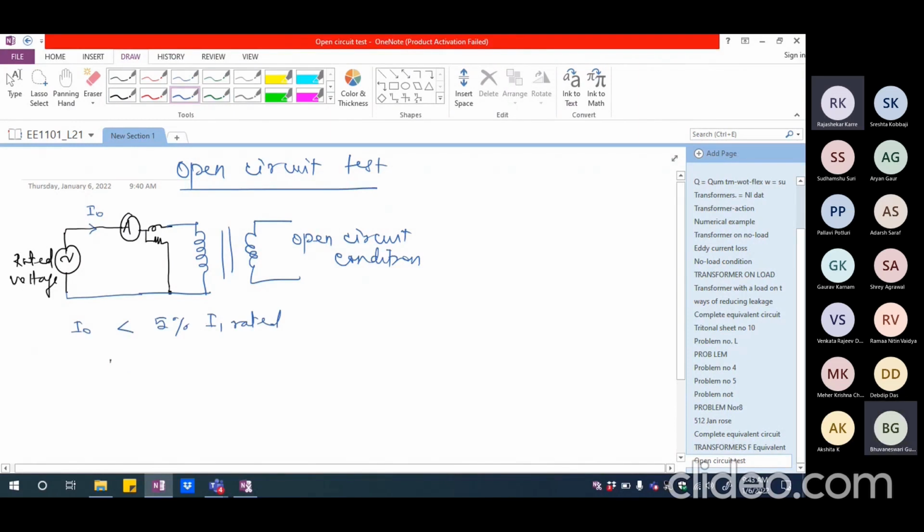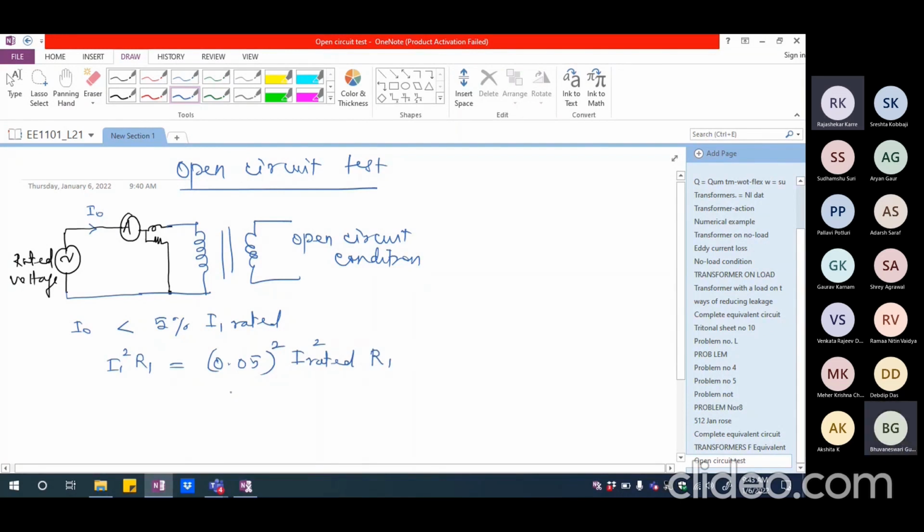So even if I try to look at what is I1 square R1, this is going to be 0.05 whole square multiplied by I rated square, right? This is going to be the actual current square multiplied by R1. So you would see that it is 0.0025. It's a very, very small, minuscule percentage of the normal copper losses, I square R losses, you may see in the primary winding.